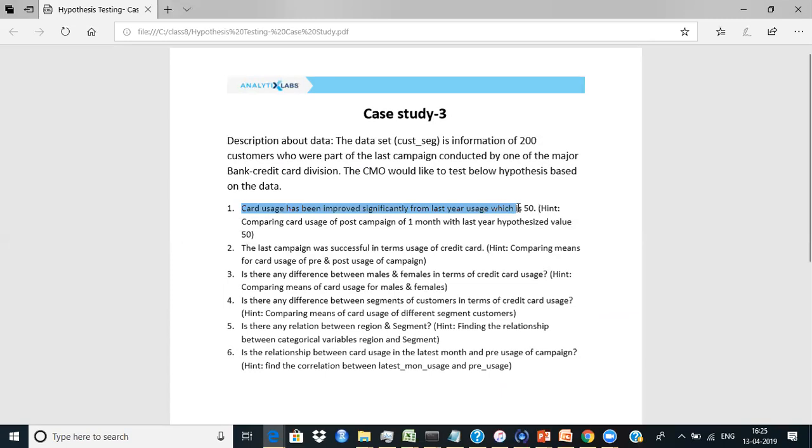So my null hypothesis was mean credit card usage currently is 50. Alternate is it is greater than 50.